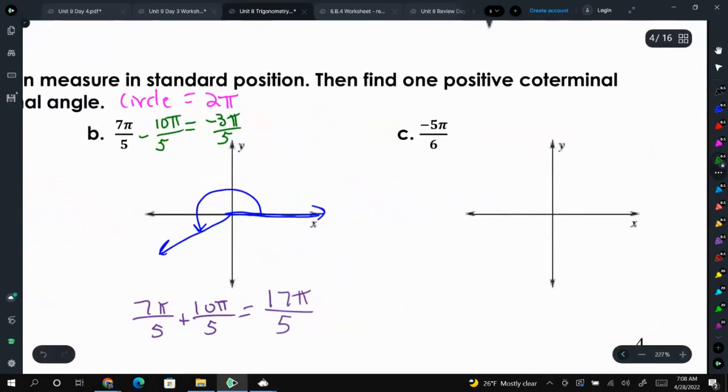And then the last one, negative 5 pi over 6. So negative angles, that means we're going to go this way. Now, if we add 12 pi over 6, those are common denominators, I get 7 pi over 6.